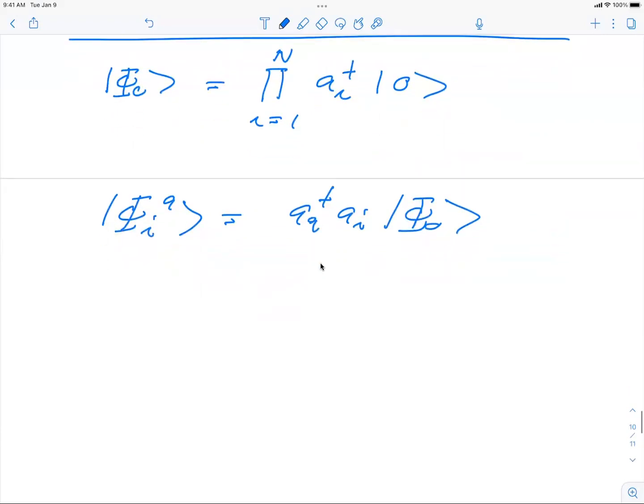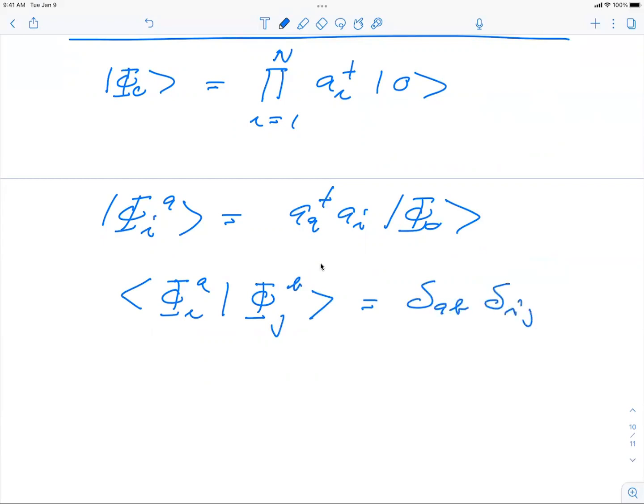Now, one of the things which we also have to keep in mind is that this set of Slater determinants, if I have a Slater determinant |Φ_i^a⟩ and ⟨Φ_j^b|, this gives us δ_ab δ_ij. More generically, these Slater determinants which we have constructed are assumed to be orthogonal.